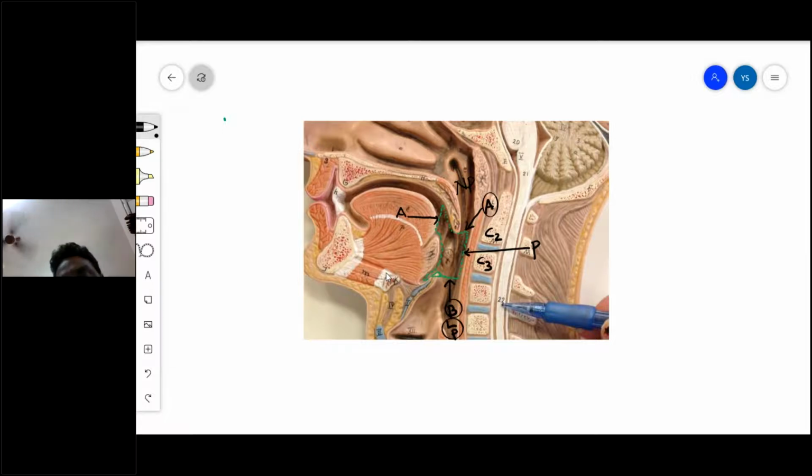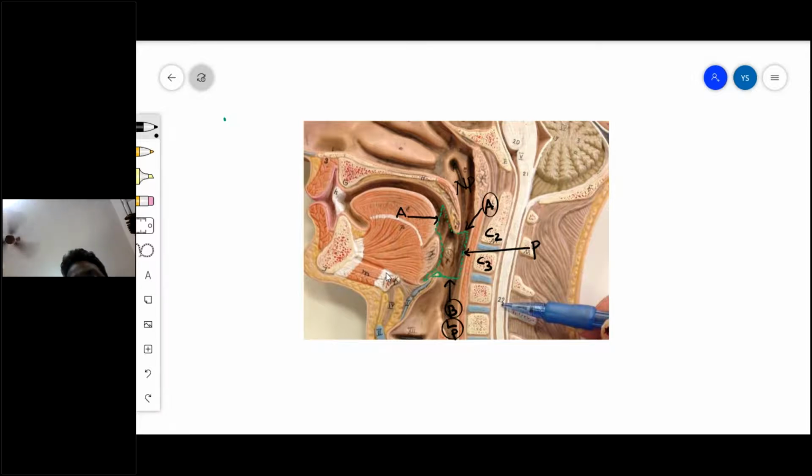I'm explaining here once again. You see the black arrow A. That one is the oropharyngeal isthmus anteriorly. Next, the black arrow P is formed by and related to C2 and C3 vertebrae and their intervertebral disc.